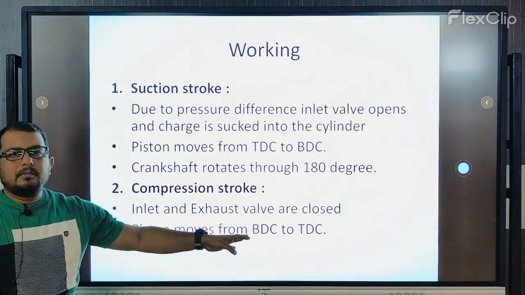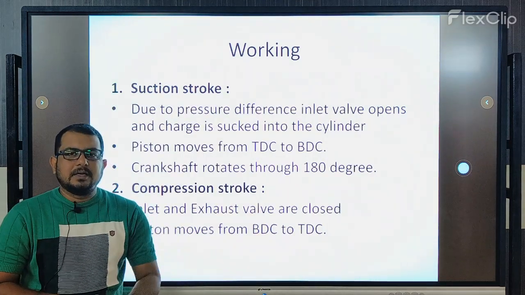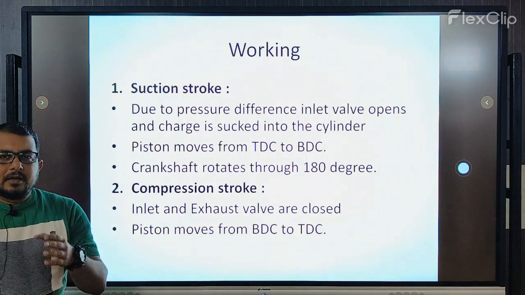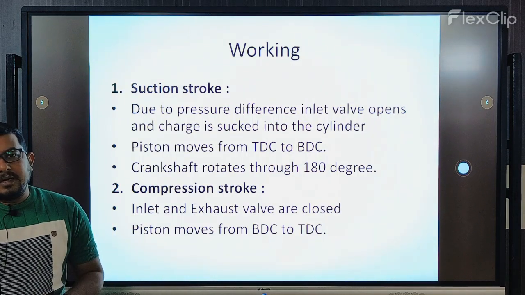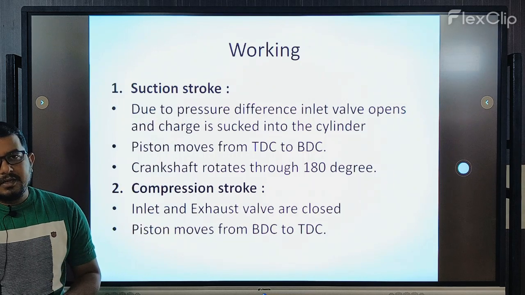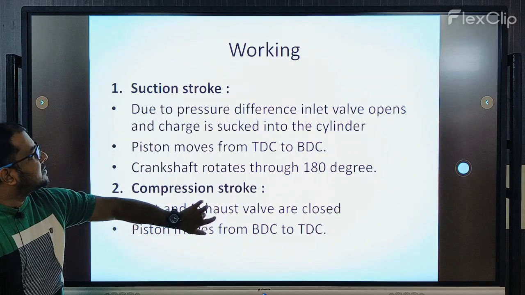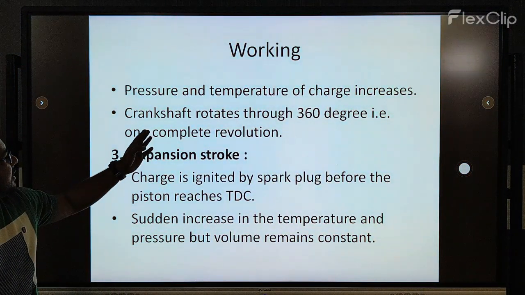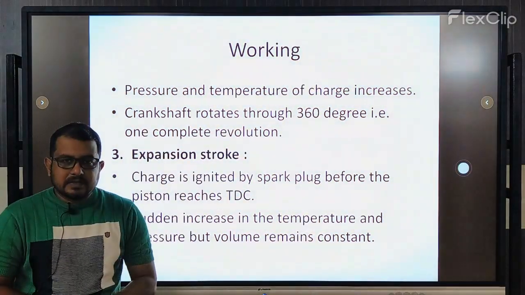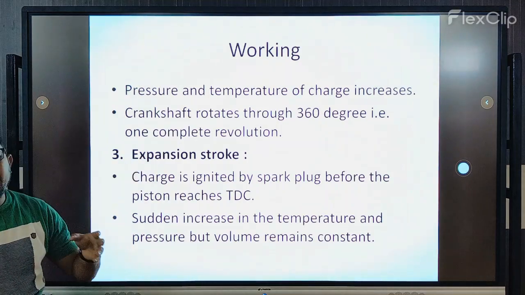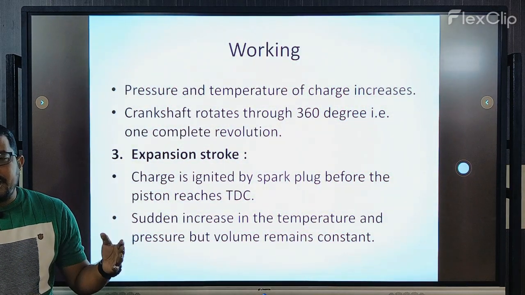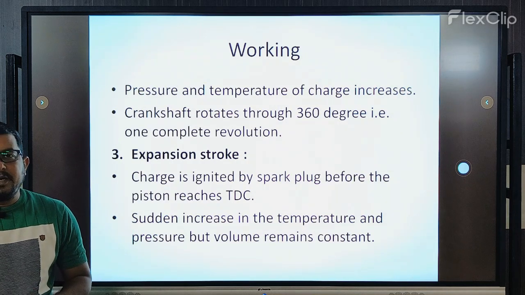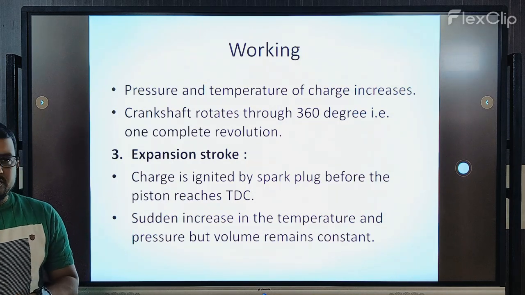The piston moves from bottom dead center to top dead center, thereby raising the temperature of the mixture, and its pressure also increases. After the completion of the compression stroke, the crankshaft rotates through 360 degrees, that is one complete revolution.